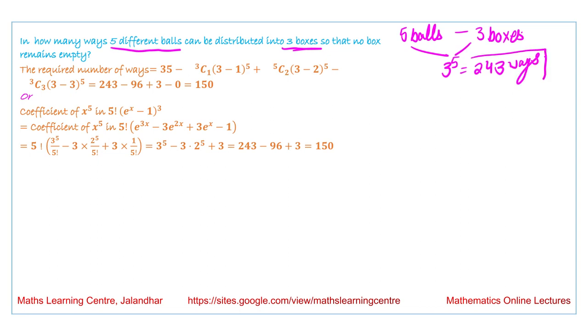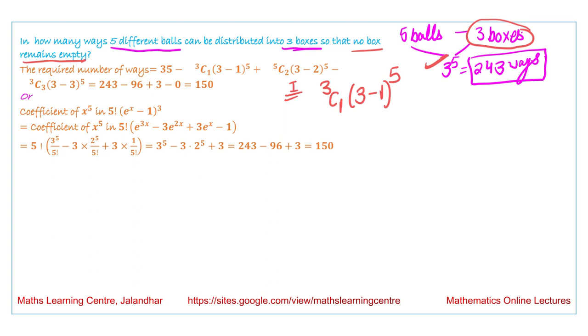Now when we are talking about these 243 ways, it also includes the empty boxes, but it is being given that no box remains empty. So the first case, out of all these cases, we are removing the case when one box is empty. So we have 3 boxes. Out of these 3 boxes, we are choosing one box, and if one of these boxes is empty, it means we are left with 3 minus 1 boxes in which 5 balls are to be placed.